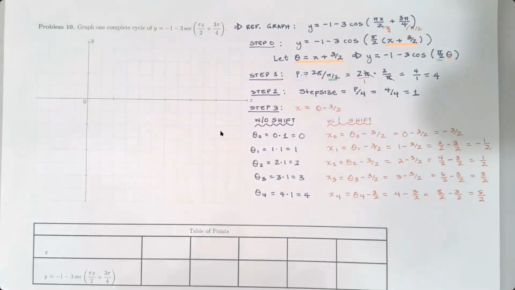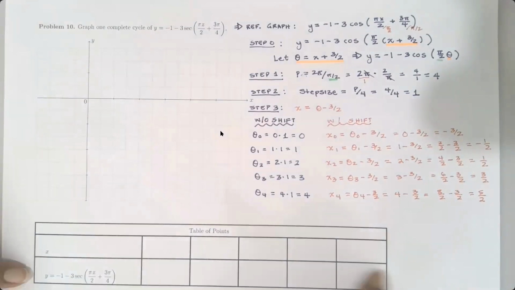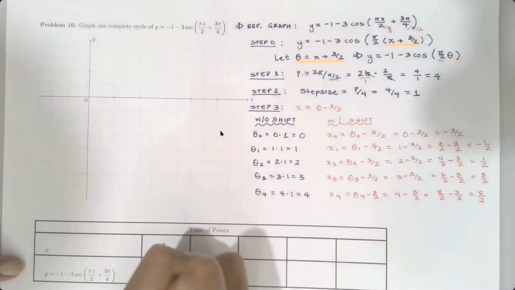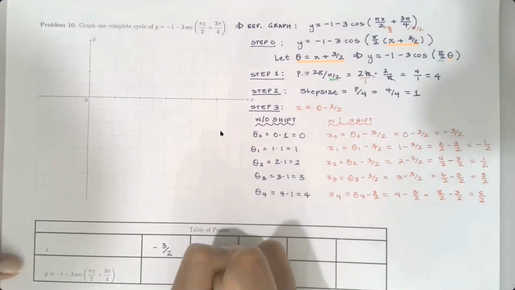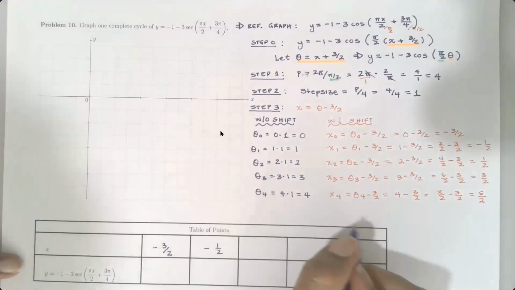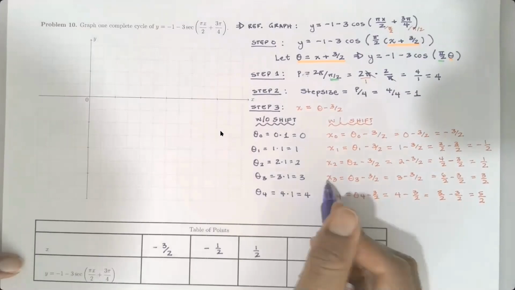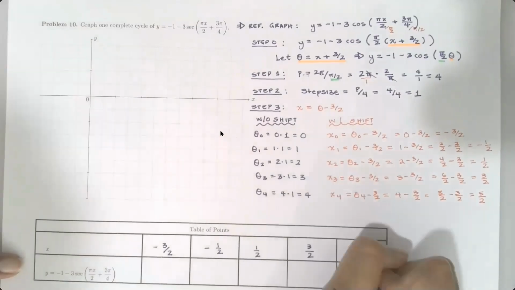I'm going to transfer those values over to the table of points, these important x values. So we have negative 3 over 2 for x0, then negative 1/2 for x1, x2 is 1/2, x3 is 3/2, and x4 is 5/2.